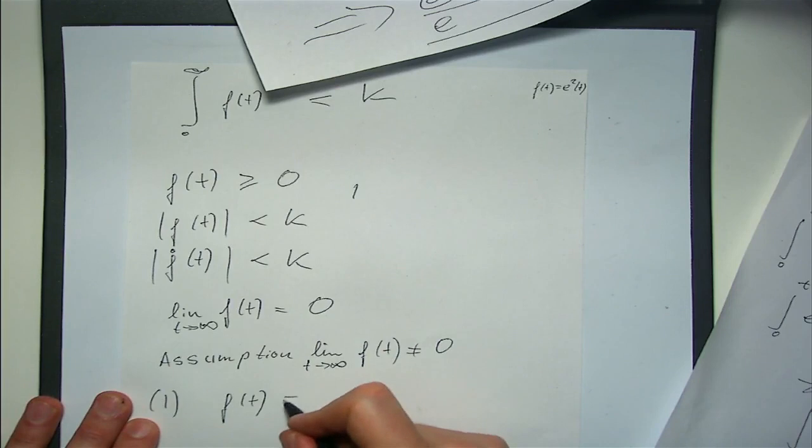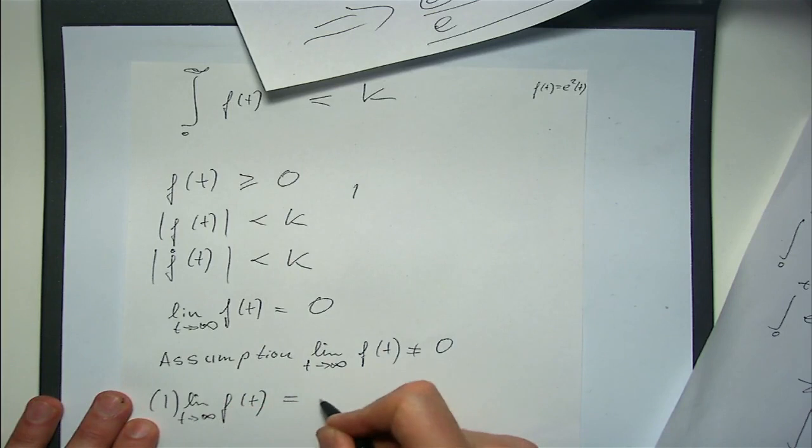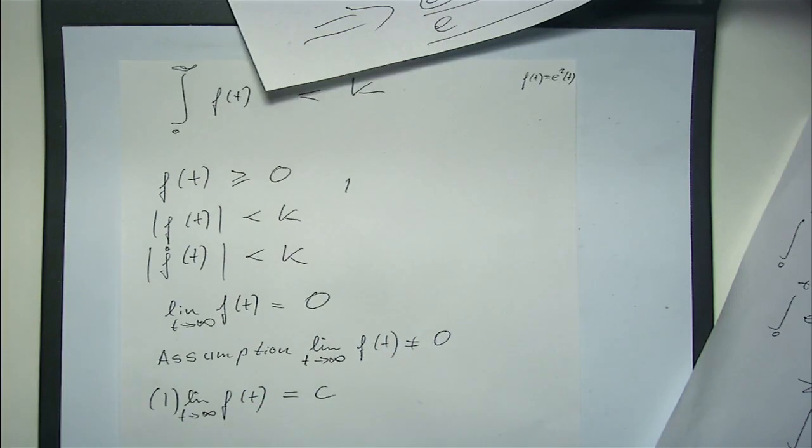Option 1: the limit as t towards infinity equals a constant. Yeah? It's just working through the options.